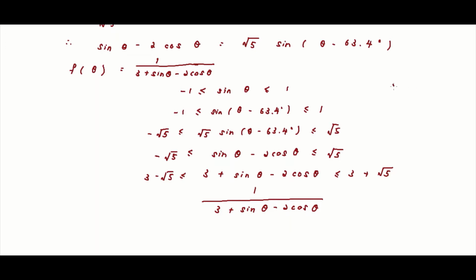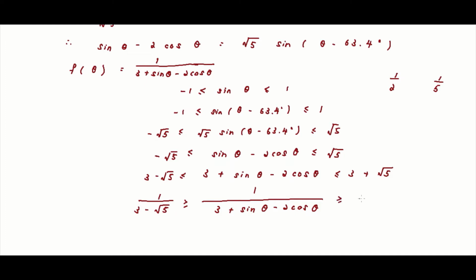Let's say you have 2 and 5: 5 is greater than 2, but 1 over 2 is greater than 1 over 5. So you must check which is smaller. 3 minus square root 5, where square root 5 is roughly 2.23, gives 0 point something, and here you get 5 point something. So when you do 1 over, this is going to be your minimum. That's why you should change your arrow.